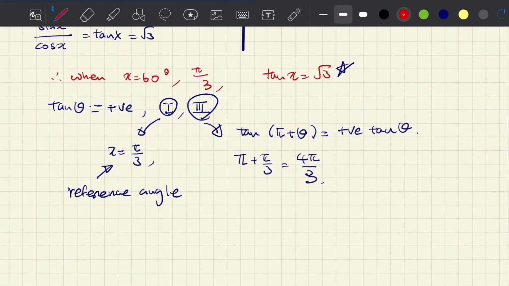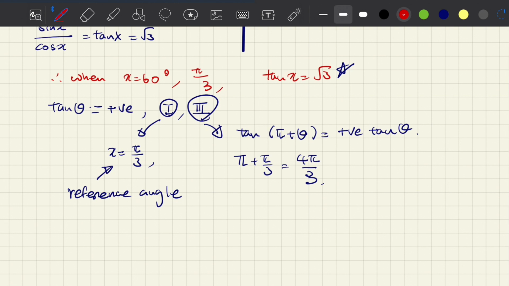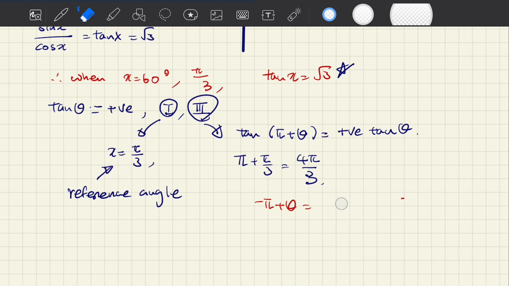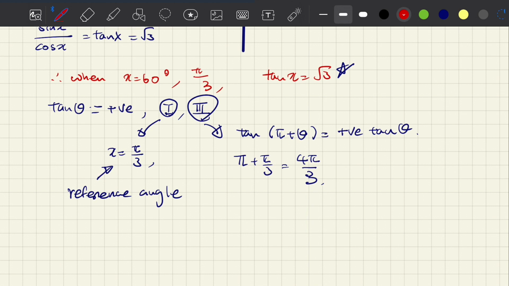Since the tangent repeats every pi, we can also do negative pi plus theta to find our values on the negative side. So negative pi plus pi over 3 gives us negative 2 pi over 3.